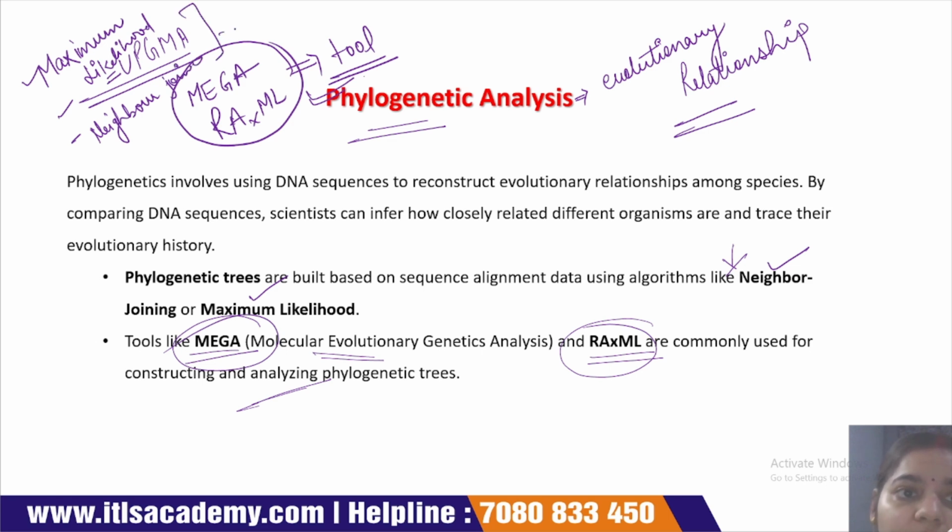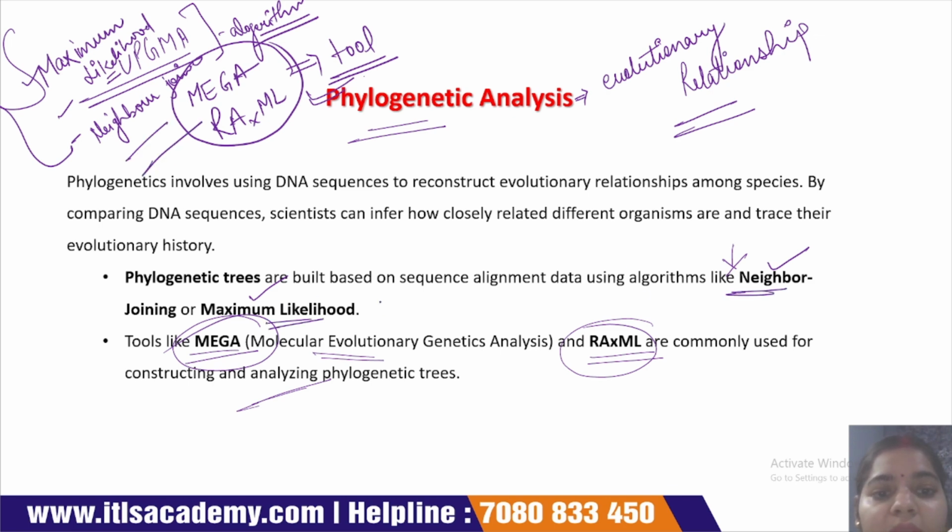These are the algorithms which are used to construct the phylogenetic tree. These are the algorithms and those are the tools. Neighbor joining, maximum likelihood, and UPGMA are the algorithms, and MEGA and RAxML are the tools.